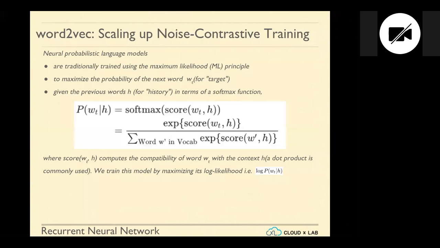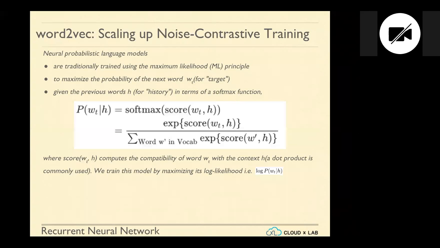We basically fine-tuned the weights, or the word embeddings, such that the probability of the next word is highest given the previous words. So the score of the word given the history H was highest. That is the probability that we needed to compute.